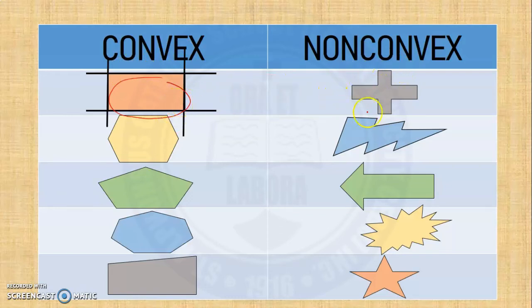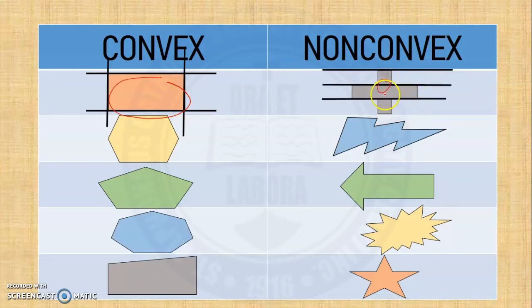While in this one, if we are going to extend all the sides, as you can see, we have points or lines in the interior part of the polygon. These points here make the polygon non-convex.